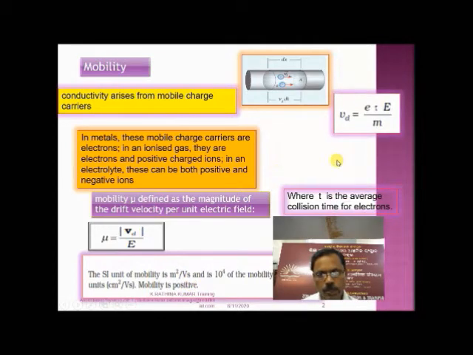Then another equation: the drift velocity is equal to charge e tau times the electric field by m, the mass of the charge, where tau is called the average collision time for electrons. So mobility mu can be written as drift velocity by electric field, which on substituting the value of the drift velocity gives the last equation, e tau by m.